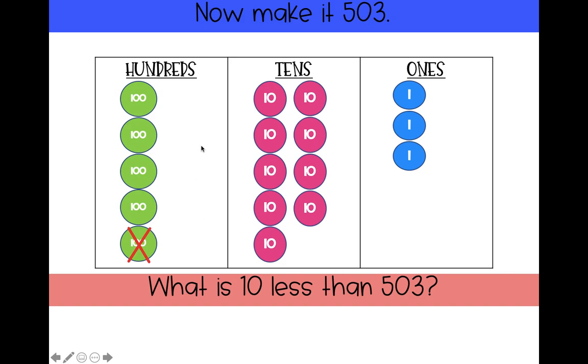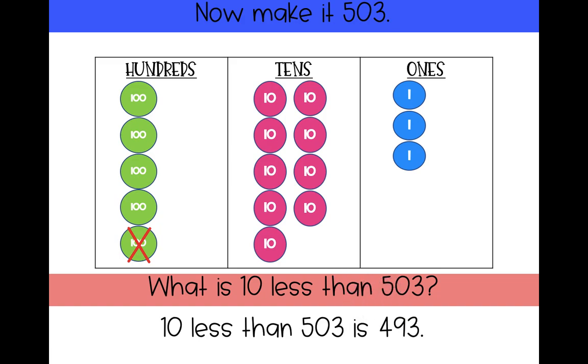Let's count how many we have now. 100, 200, 300, 400, 410, 420, 430, 440, 450, 460, 470, 480, 490, 491, 492, 493. So what is 10 less than 503? 10 less than 503 is 493.